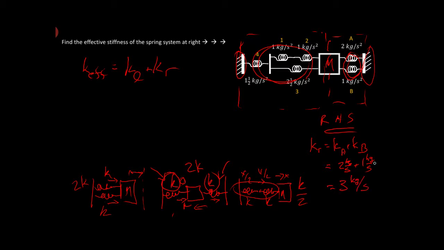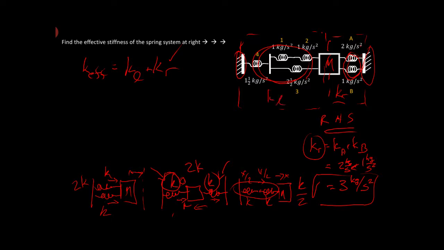That should be second squared, excuse me. Kilograms per second squared. So that gives us the value of KR. So the effective spring stiffness on the right-hand side is 2 plus 1 is 3. Okay, that's nice and simple. That's sort of the easy side. So we've got the KR part. Then we need to get the KL part.